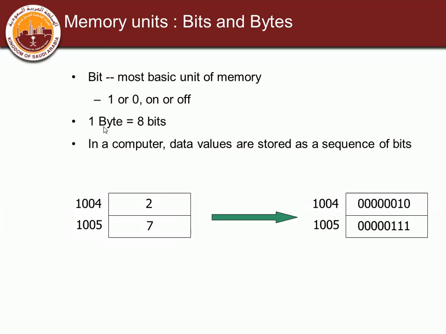So everything is in bytes, because we don't want to have big numbers. And this shows some examples like 2 and 7, the binary representations of those values, in decimal and in binary.